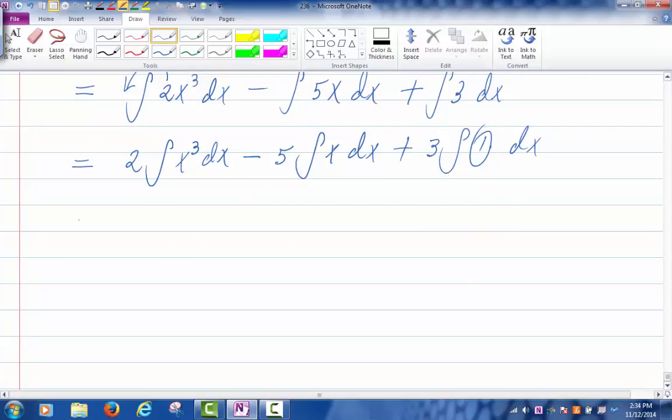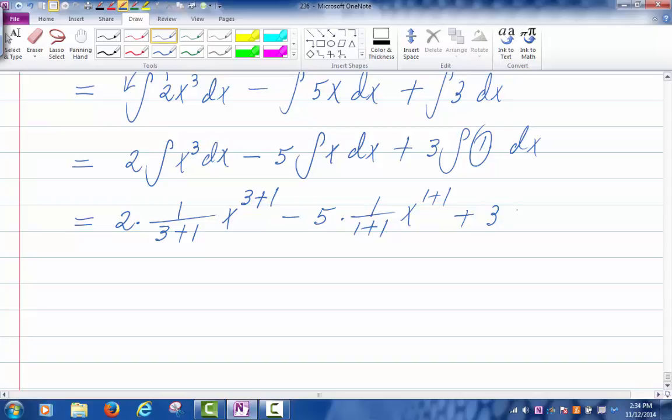Okay, now I can apply the power rule, right? So by the power rule, what's the integral of x cubed? 1 over 3 plus 1 x to the 3 plus 1, right? Minus 5 times 1 over 1 plus 1 x to the 1 plus 1 plus 3 times what's the integral of 1?